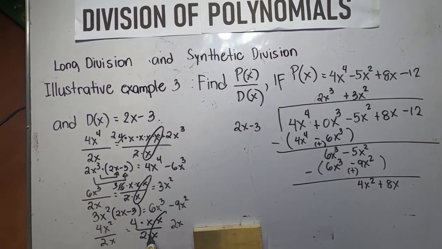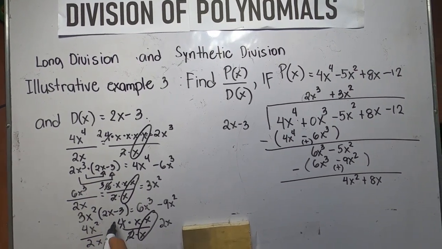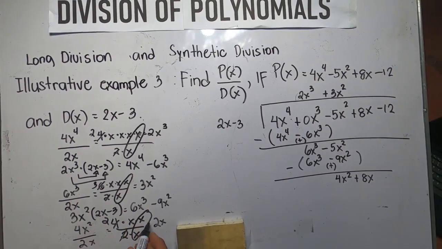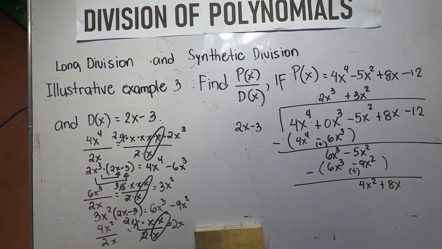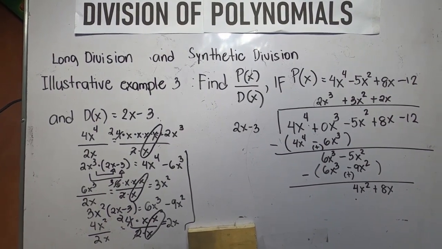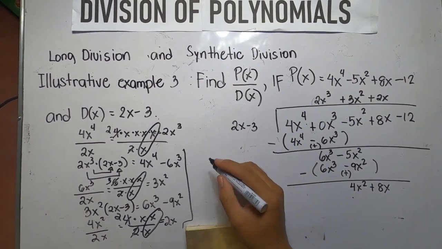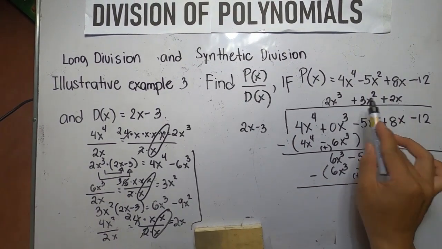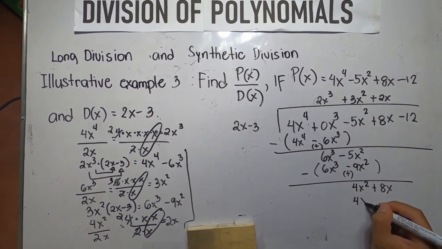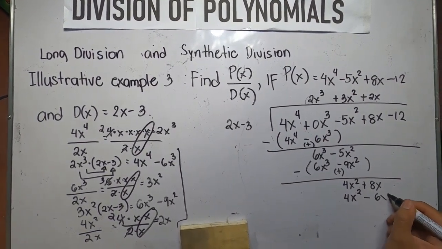We can cancel one pair of x, and what will remain is 4 times x divided by 2. 4 can be divided by 2. So, 4 divided by 2 is equal to 2. 2 times x is equal to 2x. So, we will now write 2x above the dividend. So, we will now multiply the result 2x by 2x minus 3. By distributive property, 2x times 2x is equal to 4x squared. 2x times negative 3 is negative 6x.